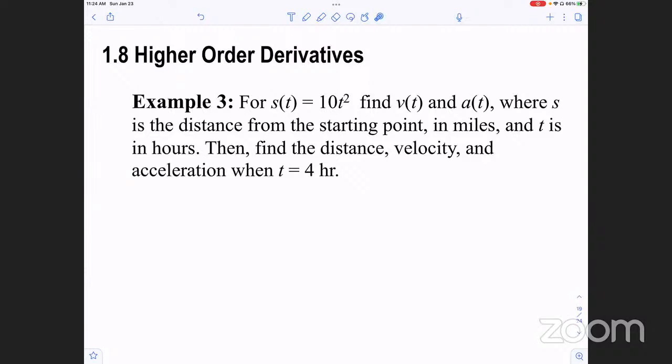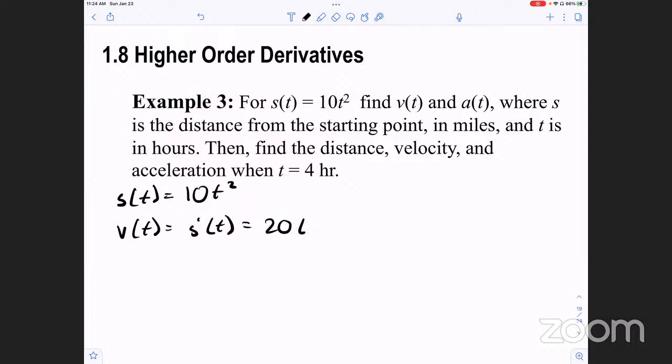For this position function, find the velocity function and acceleration function, where s is the distance from the starting point in miles and t is the hours. Then find the distance, velocity, and acceleration when the time is 4. Okay, so our velocity function, our v of t, is going to be s prime of t.